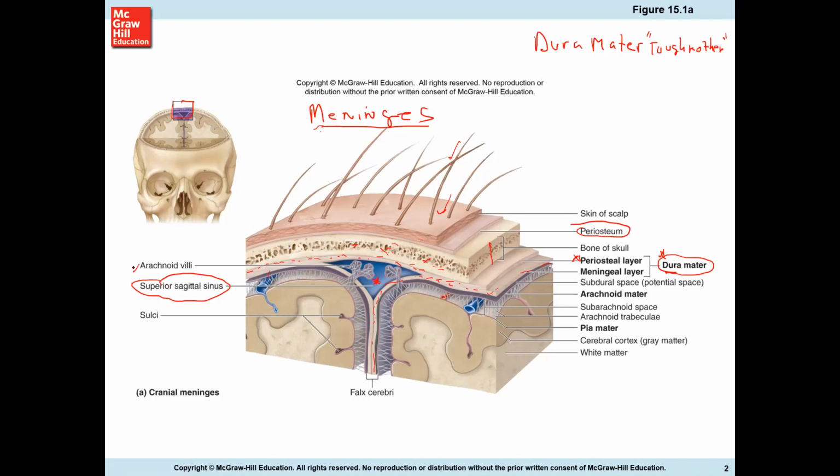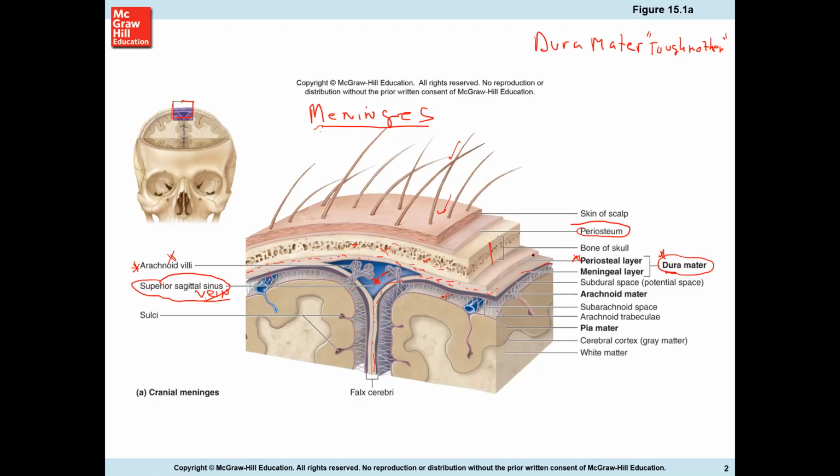The arachnoid villi is what brings cerebrospinal fluid back into the blood, because this is veins. So whenever you see sinus, it's usually a vein. Not always, but it's usually a vein. And veins bring deoxygenated blood back to the heart. So the CSF is going to be reabsorbed back into the blood via these structures called arachnoid villi. Just wanted to point that out, right?